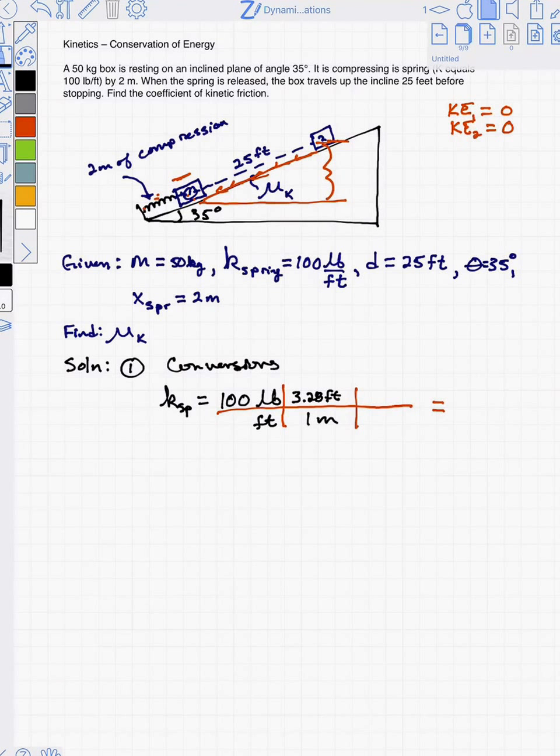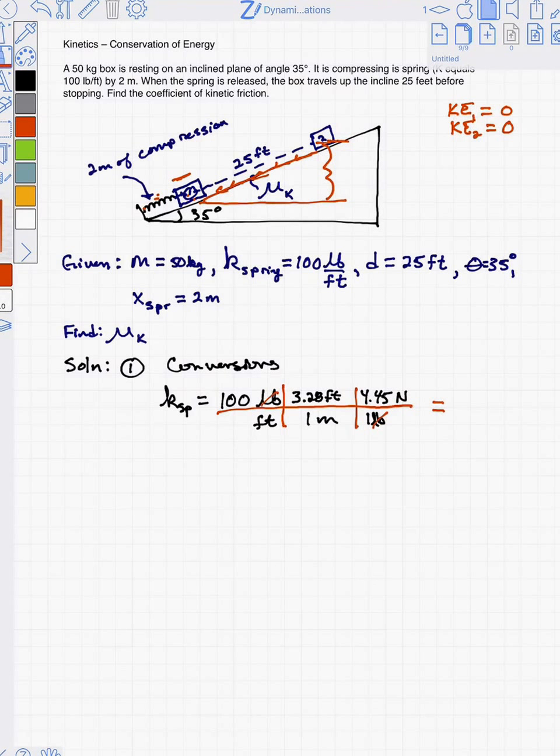And how many newtons are there in a pound? Let's ask our friend. Convert 1 pound to newtons. Siri thought I said girlfriend. It's 4.45. So 1 pound is 4.45 newtons.